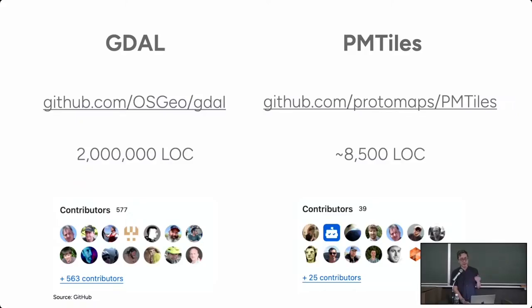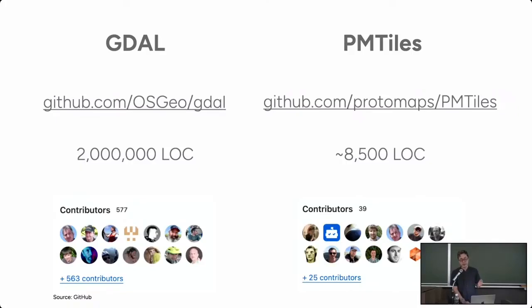For example, probably the most successful open source project in geospatial is GDAL. It has almost 2 million lines of code, and it has over 500 contributors on GitHub.